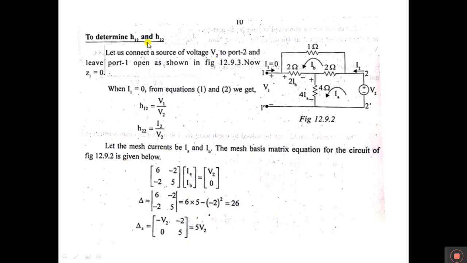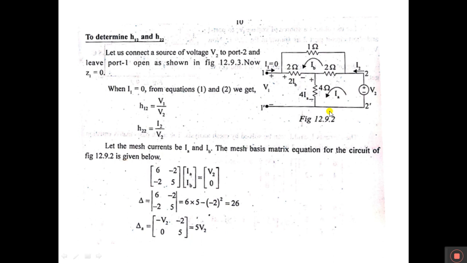And to find H12 and H22, open the first terminal, the input terminal, and apply voltage source here. If it is open, there is no current flowing here. So this complete loop becomes 0. Only this IB may appear here. Right?